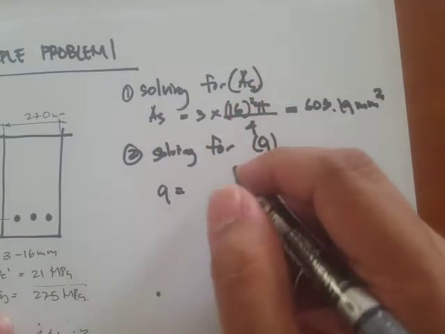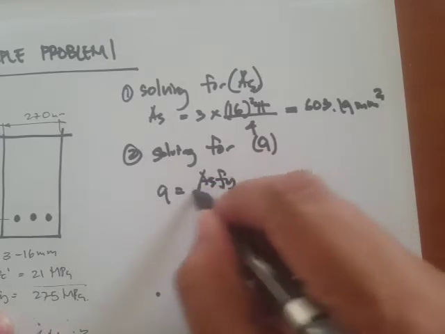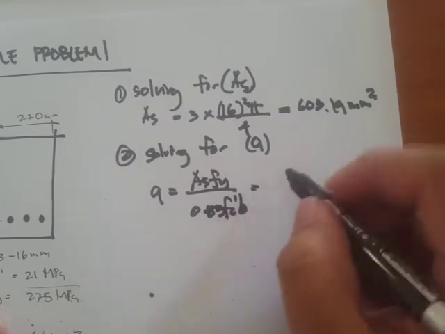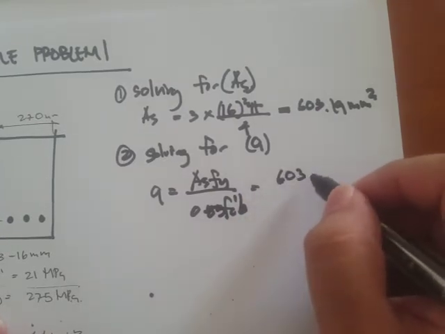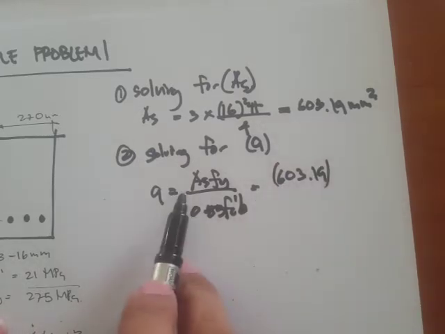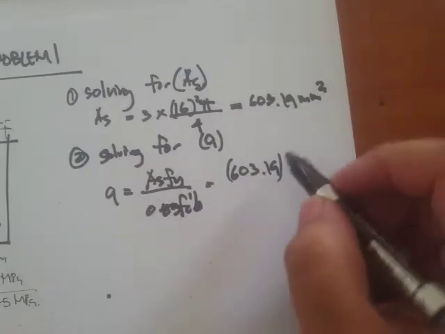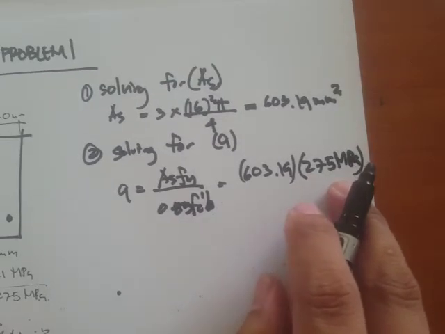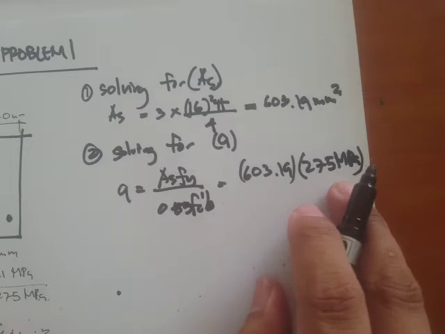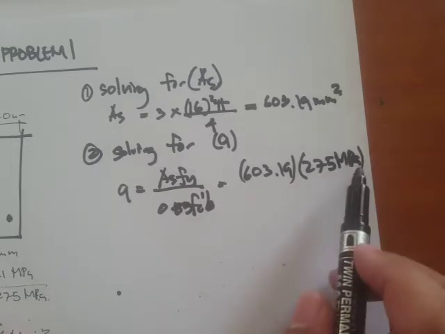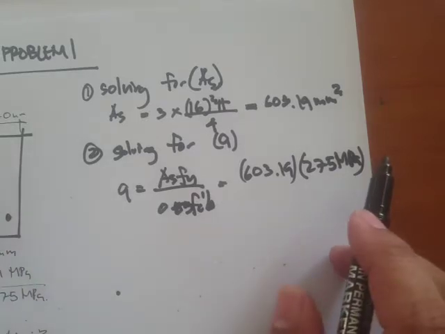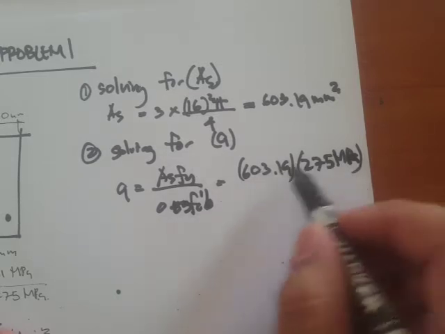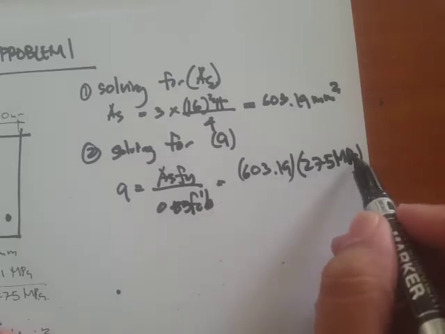So a is equal to As fy over 0.85 f'c times b, which is 603.19. What is our fy? Our fy is 275 megapascals. Take note, megapascals is Newton per mm squared. Sometimes I don't write the units, but it's also good if you can write the units.